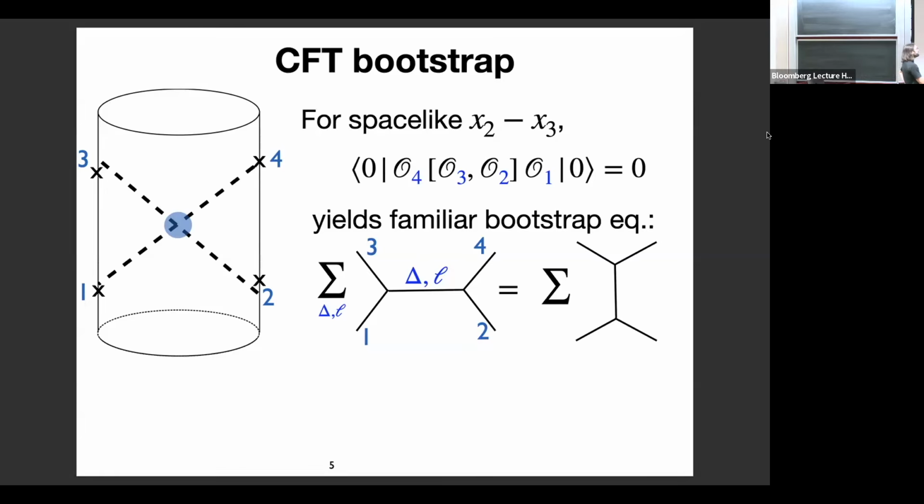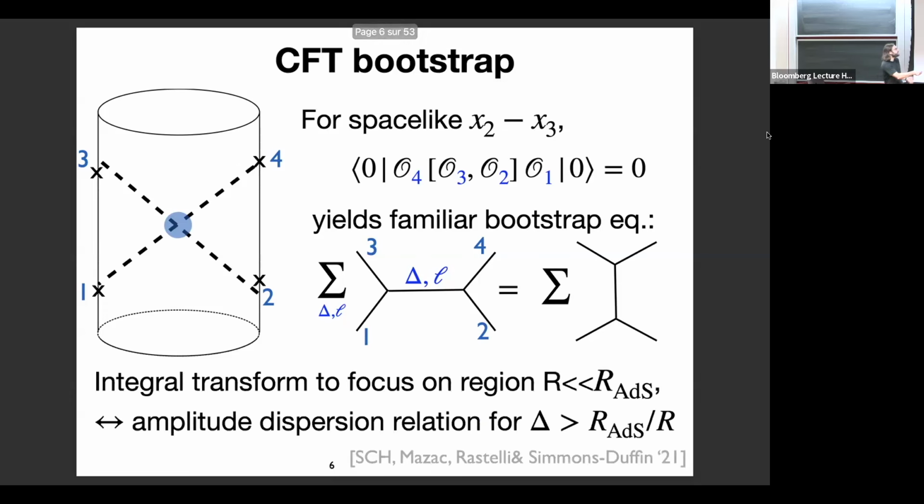And what we started doing a few years ago was trying to manipulate these equations to learn not just a lot of general things about CFT, but to learn specifically about the local physics in the bulk. What we've done is integrate this crossing equation against some Fourier-like transform on the boundary to localize it such that it's actually probing a neighborhood of a scattering point in the middle, a region that is smaller than the AdS radius.